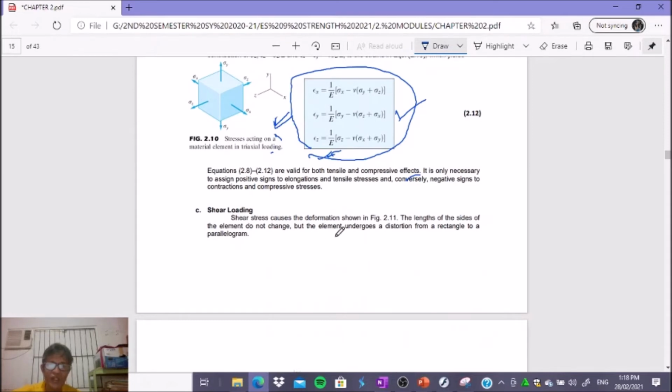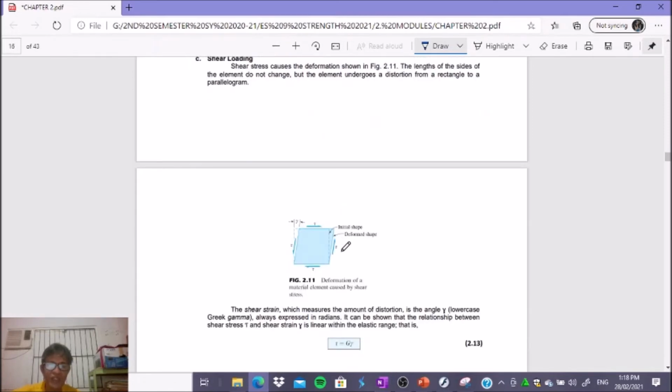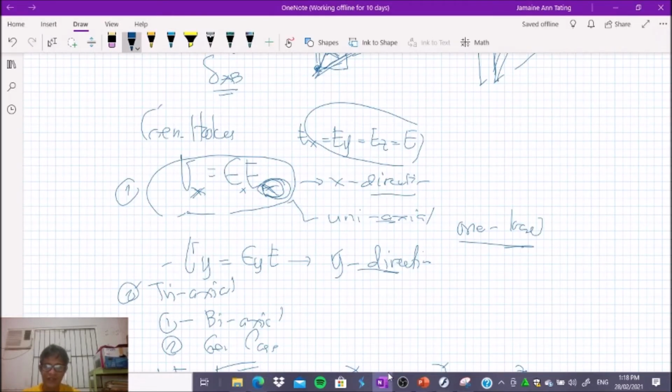Ngayon, ano naman yung shear loading? Yung shear loading natin, ito yung sinasabi ko kanina, na kapag halimbawa meron kang element, kasi usually ang tinutukoy lang natin dito is yung thin element, hindi na yung thick element.